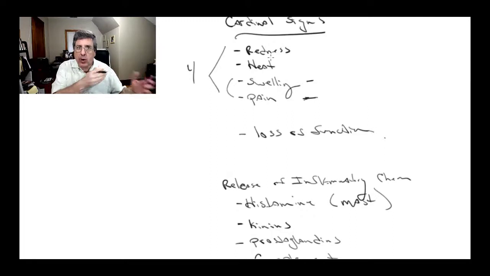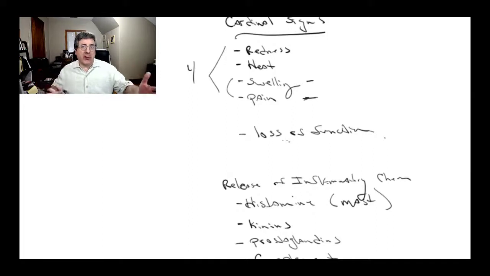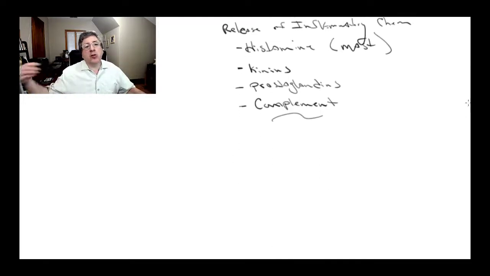That's the pain. The fluid is building up, that puts pressure on nerve endings, and that causes pain. Now, the loss of function: if you have swelling and pain, you're not going to want to use it. You want to immobilize the area, which then diminishes the swelling, or initiates the healing process.